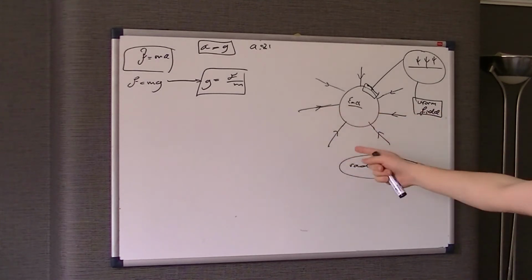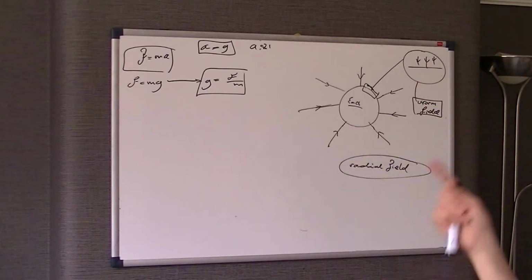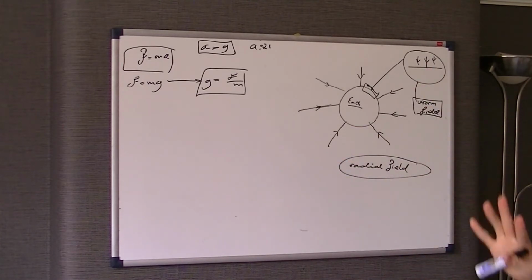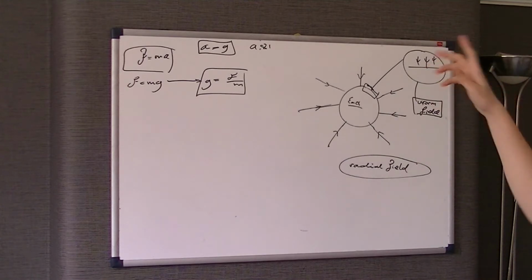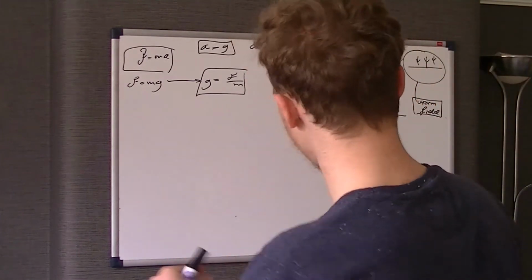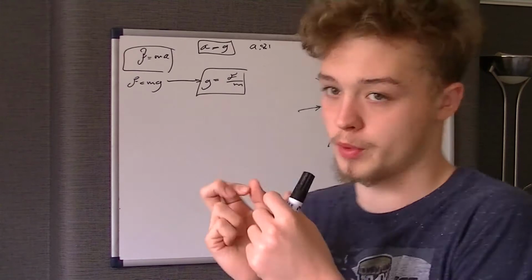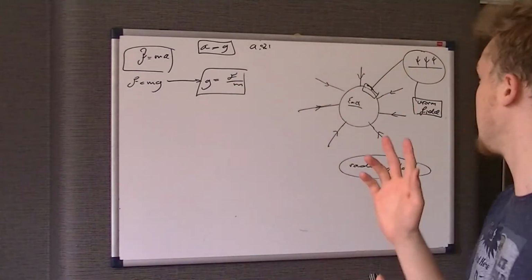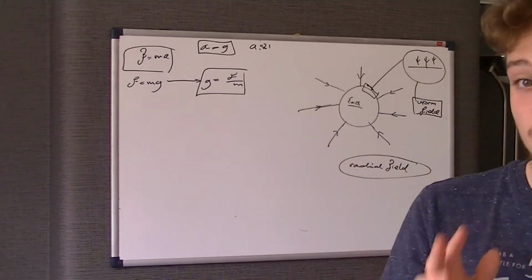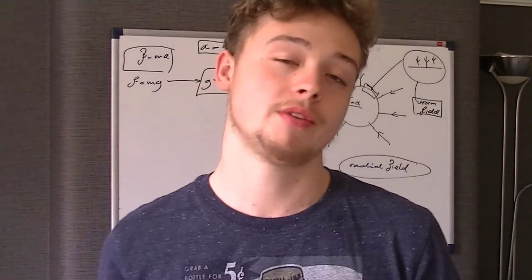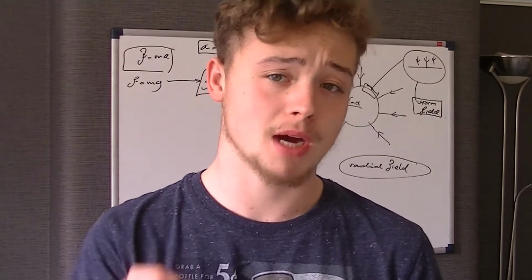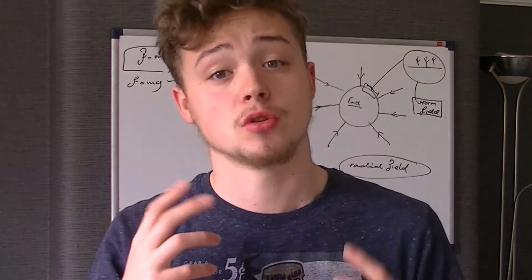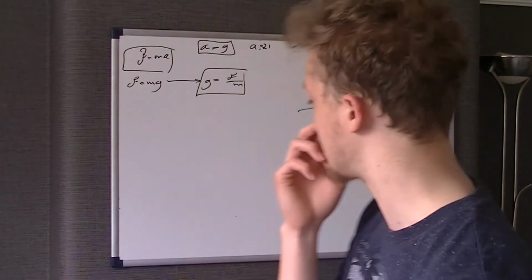These field lines are going straight into the centre of the Earth, because that's what everything is attracted to. The radial field is like the uniform field, but spread out over a greater distance, if you can think of it like that. But the definition of a uniform field is that wherever you are in the field, it will have the same direction and magnitude of gravitational field strength.